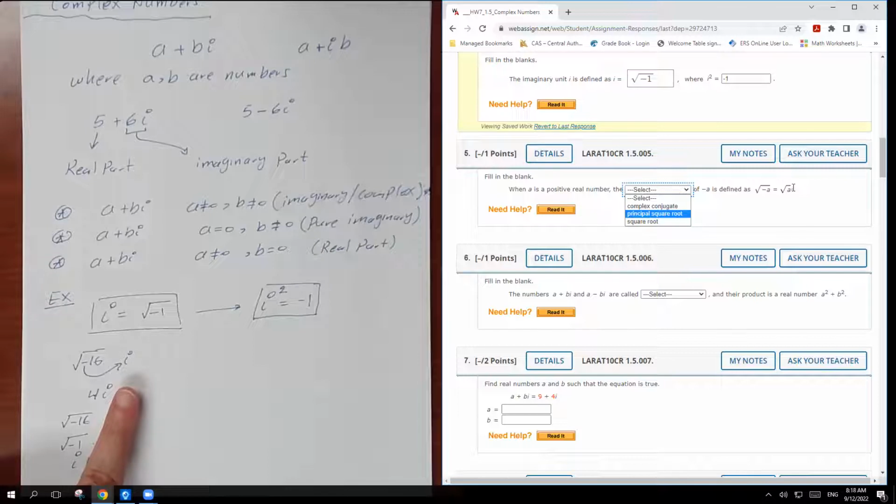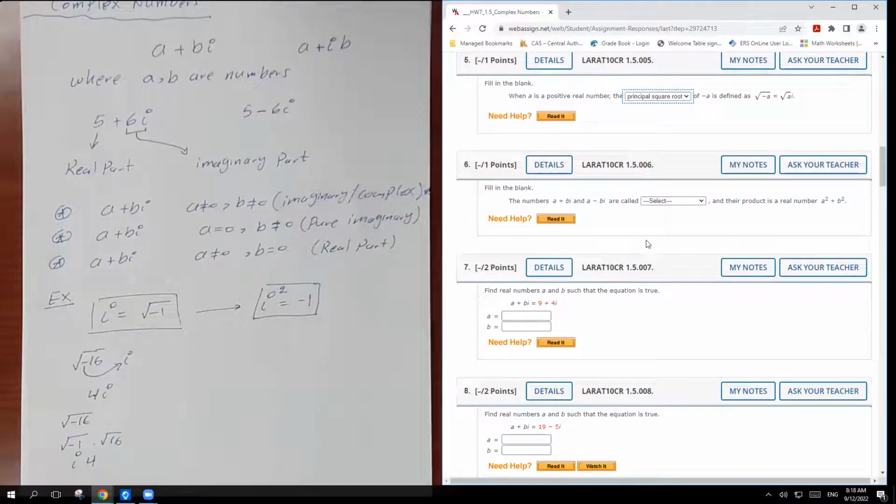Check here, the i is outside and this one is a square root. So we're going to choose the principal square root, because a is a positive real number, so we can take the square root of this number. Principal square root. This is, for example, 5. For example, 6.